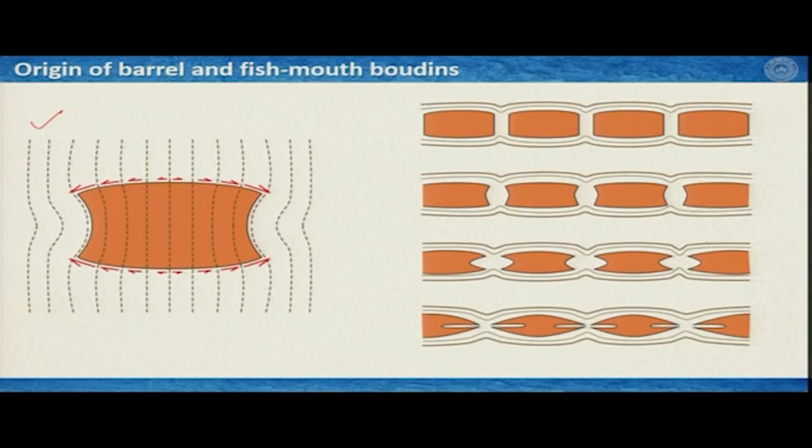So, if the competence contrast is extremely large, then you would see this kind of rectangular Boudinage, but if not, then you will see features like this, which we will be discussing soon.